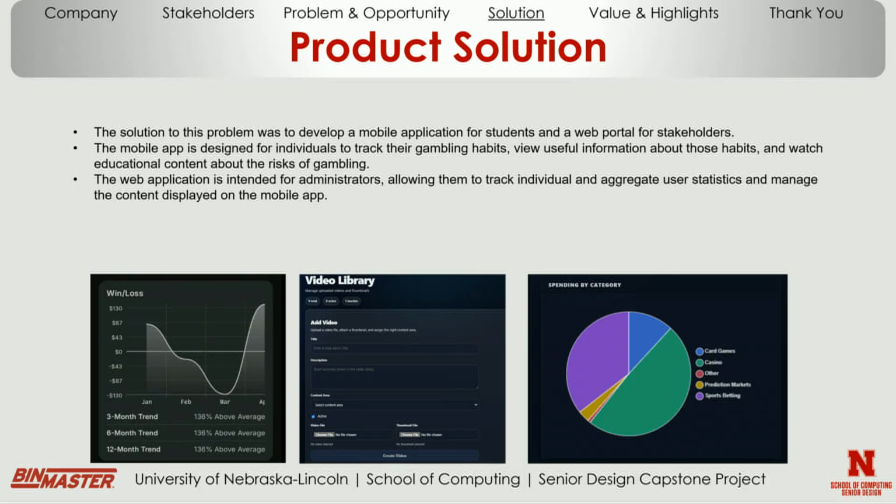On the far right is an example of one of the charts that display information about gambling back to the admins. Beyond the charts and information, we also gave the sponsors the ability to export this data and look at it on their own through CSV exports.